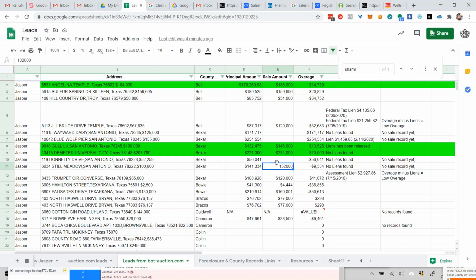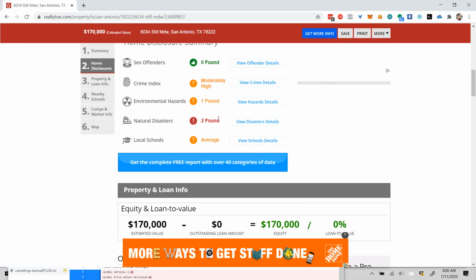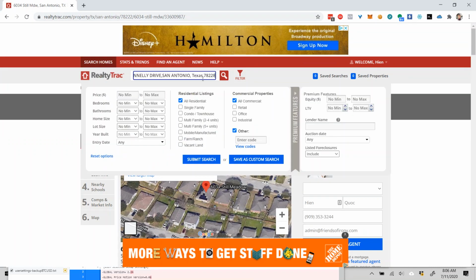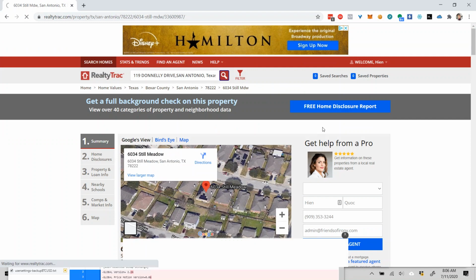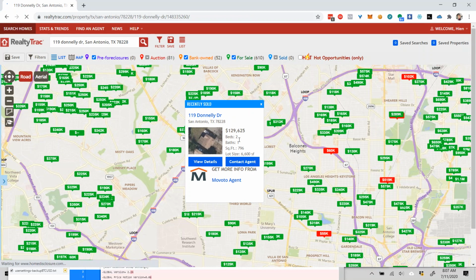So anyways, there's that. Let's go ahead and look at every single one here and see what the actual price is. Let's do the next one here. Realty Trac. Recently sold.